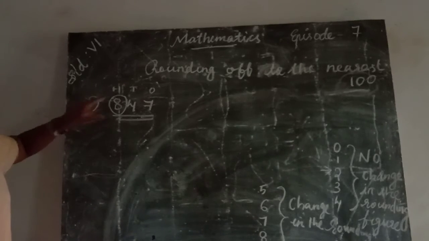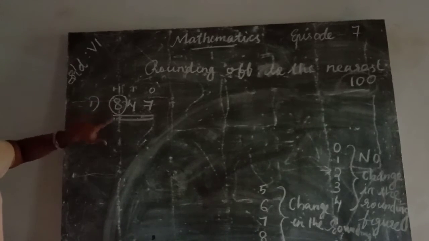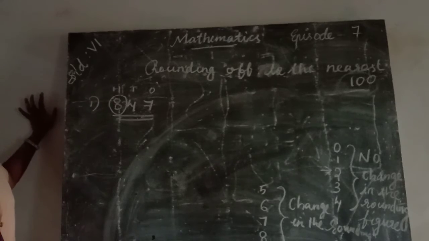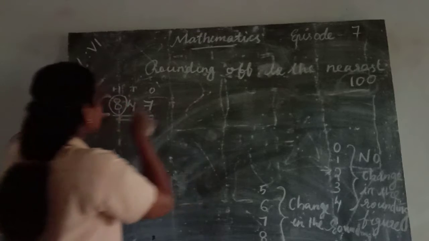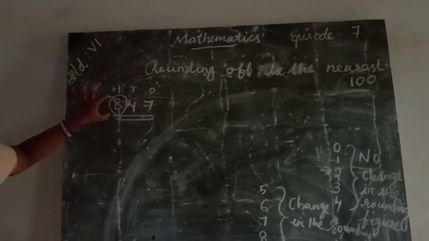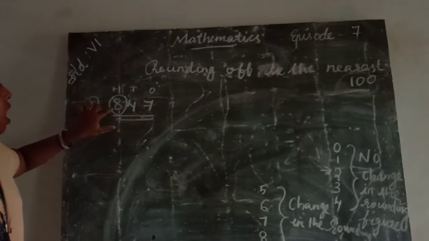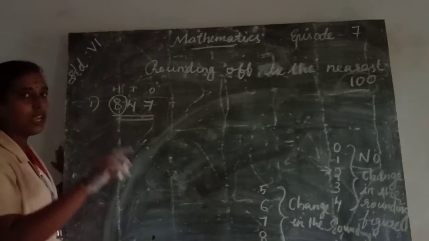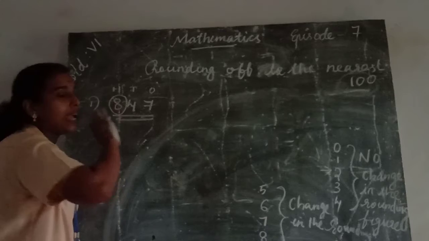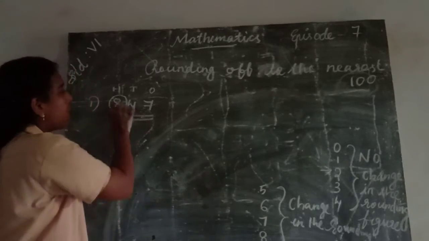Here 8 is in the 100th place. So we round the digit 8 because we want to write the nearest 100 of this number. We round the digit in the 100th place, and then we off the numbers that come before the rounded number.